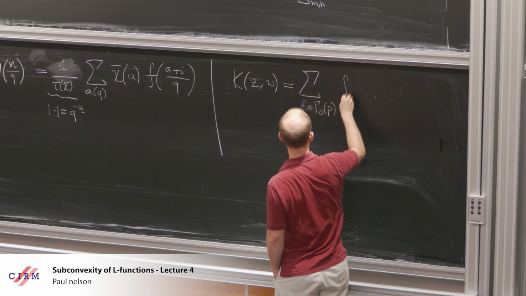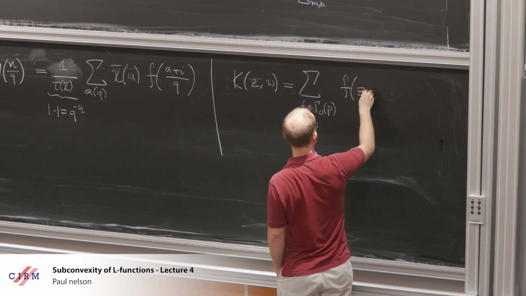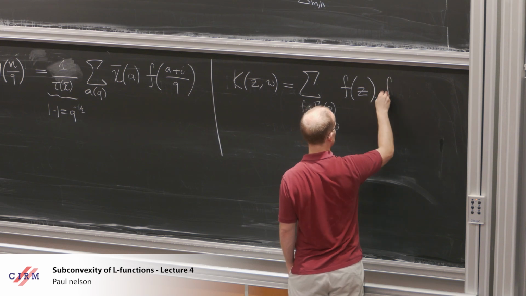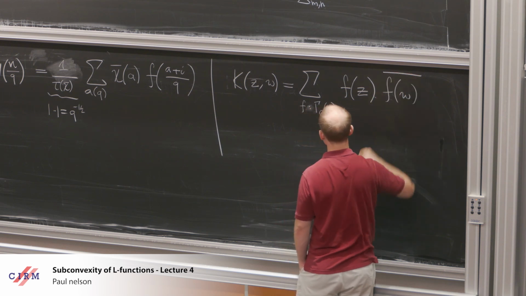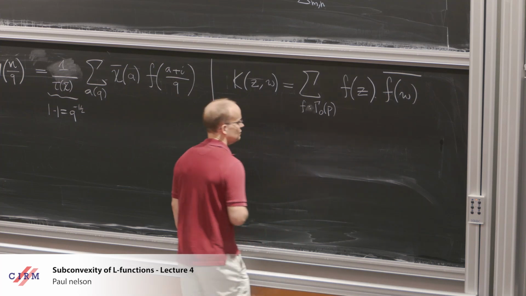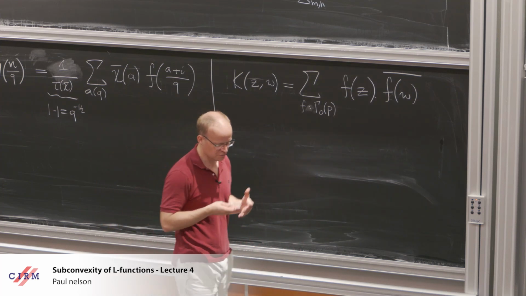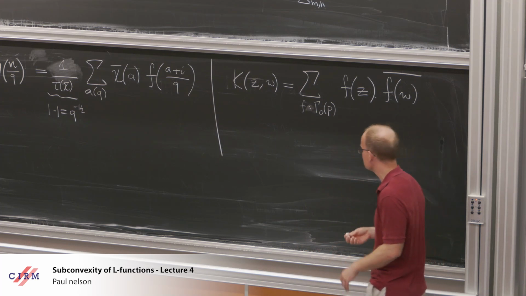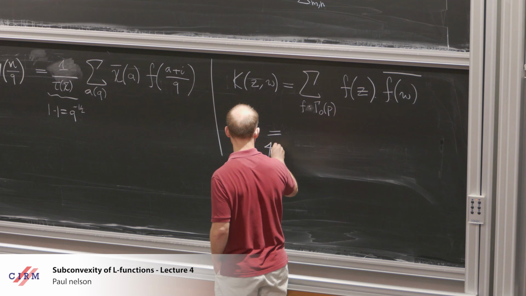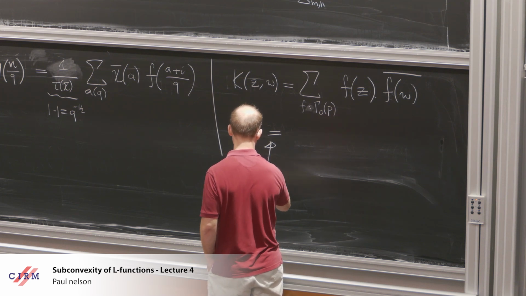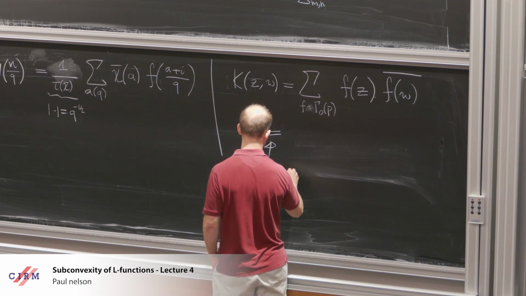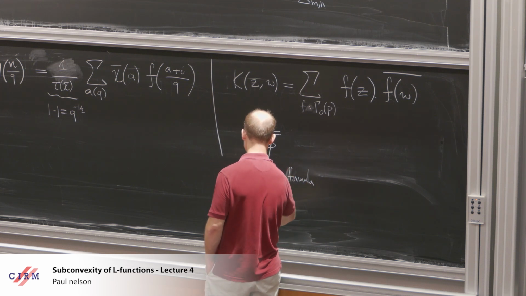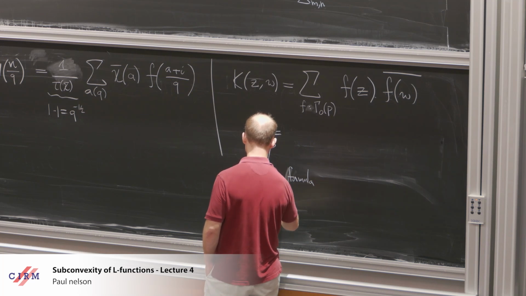Then you take f of z times f of w conjugate. The theory of the pre-trace identity, or of reproducing kernels for spaces of modular forms, gives you other ways to understand this sum. So you apply something like a pre-trace formula, or in holomorphic cases, you can use something called a reproducing kernel.